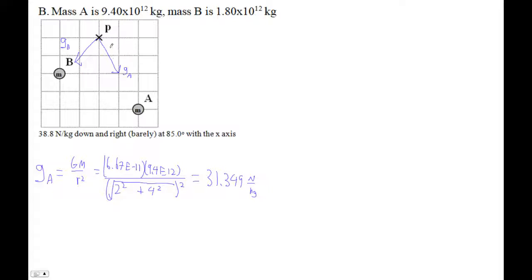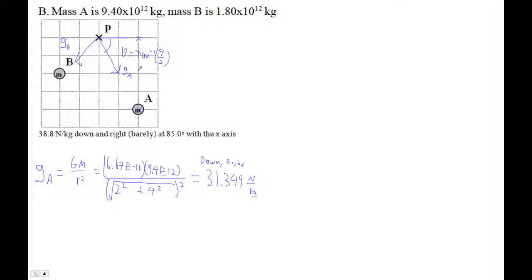Oh dear, okay, so what kind of angle is that? Let's figure this angle out. This thing is down and to the right. And that angle right there is, what is it? If we draw this whole triangle here, this side is 4, this side is 2, so it's the inverse tan of 4 over 2, which is the same as the inverse tan of 2.